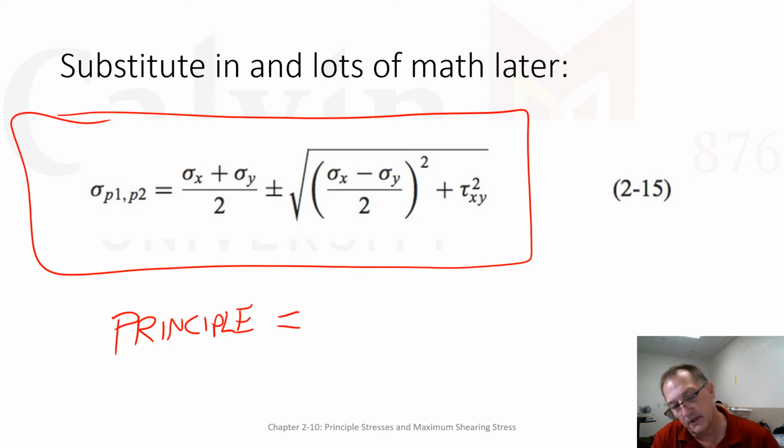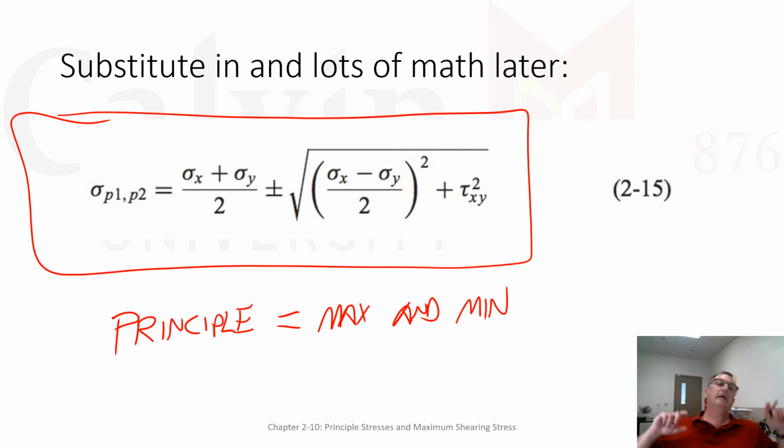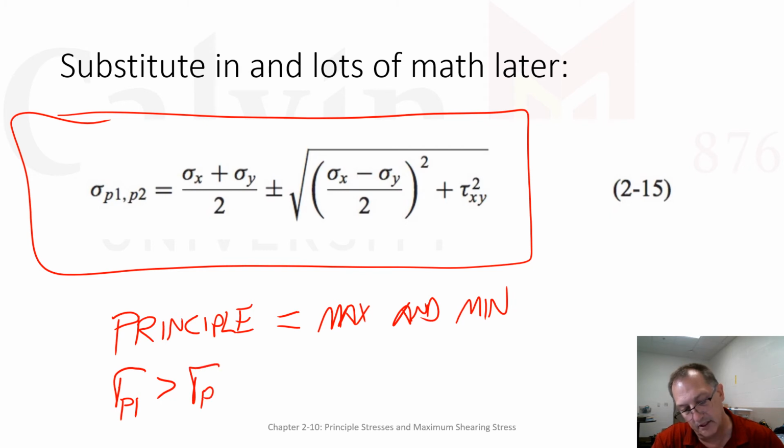Now those are our principal stresses, and by principal, we're using that word to mean the max and the min. Now we get a little more picky about that. Sigma P1 is greater than sigma P2. So when you start listing them, sigma P1, since it's greater, is more positive.